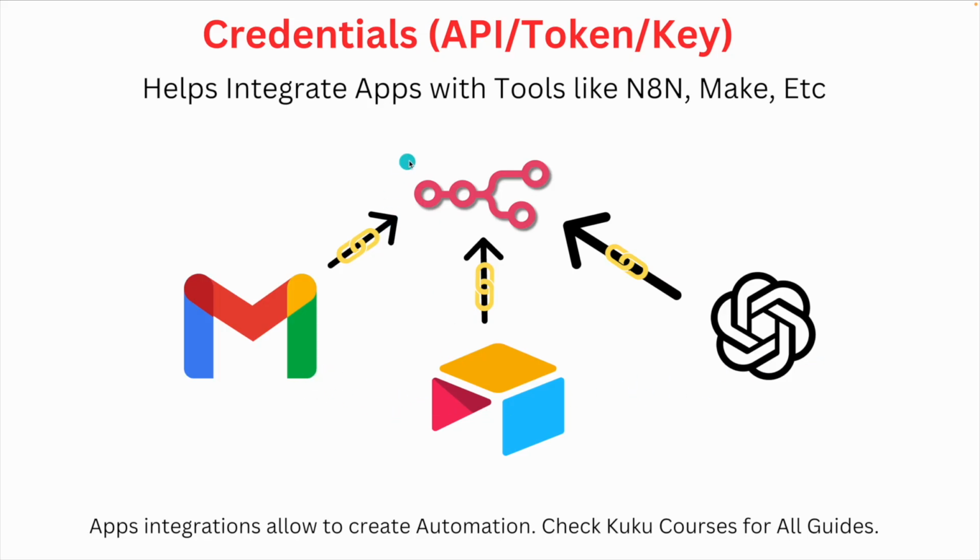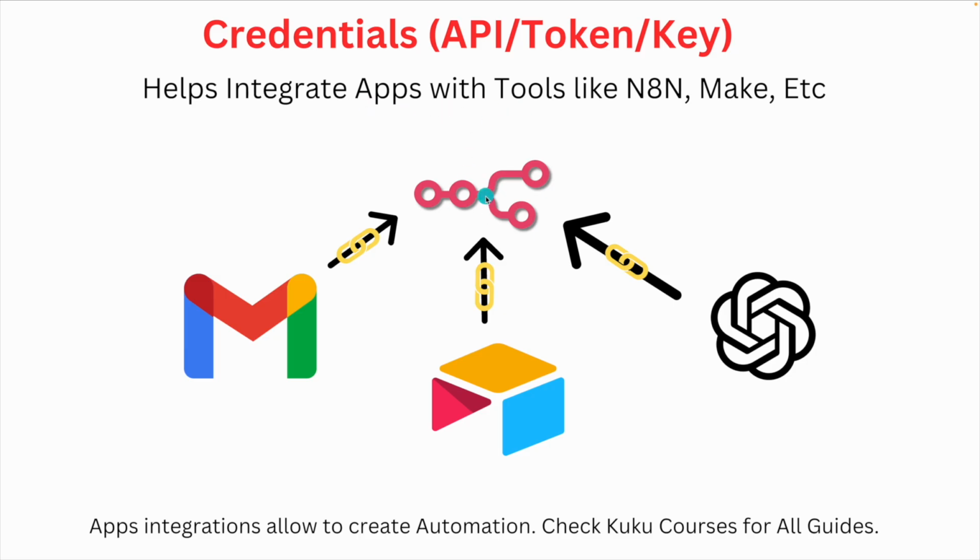All you need to understand is that credentials can be called an API token or key. Some apps call it an API key, like ChatGPT, Airtable calls it a token, and Google calls it a key. Whatever the case, credentials help to integrate apps with tools.